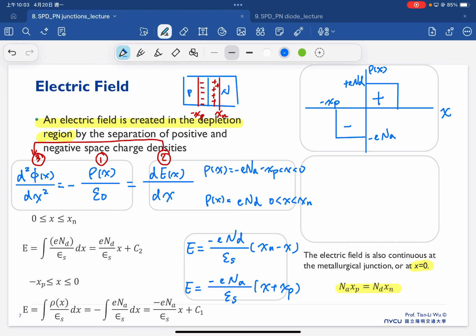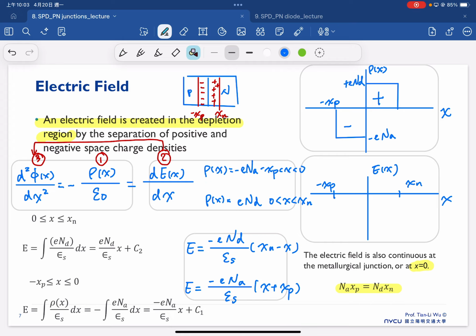Based on this equation, we can draw the electric field distribution, Ex versus x, where this is minus xp and this is xn.